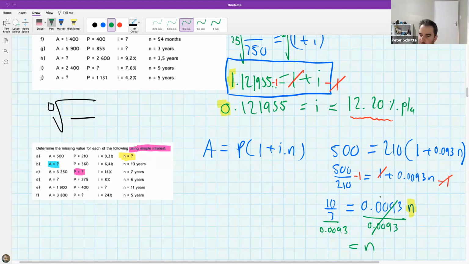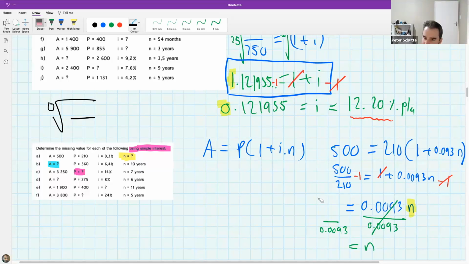What do you guys get for your, just make sure I typed the other one right. So 500 over 210, and then minus 1. I get 29. It's not 10 over 7. So I think that's where I made my mistake. Let me make that. 500 divided by 210 minus 1.